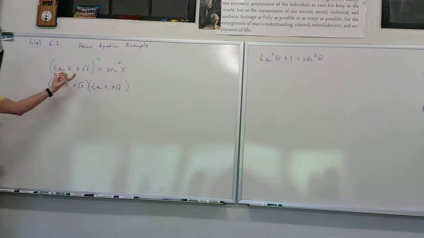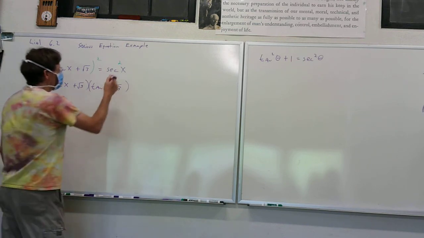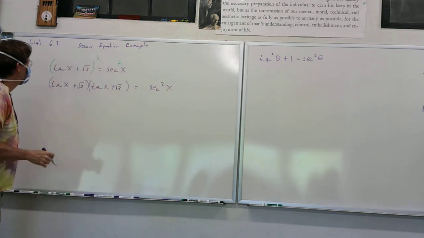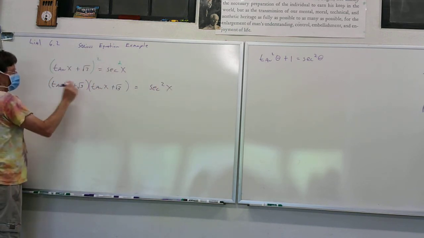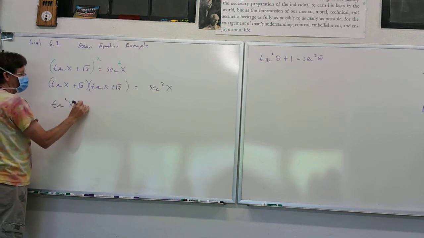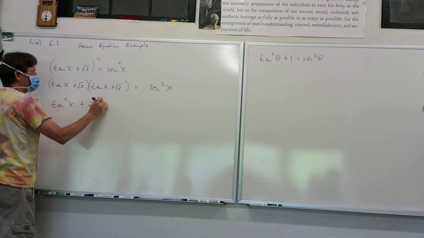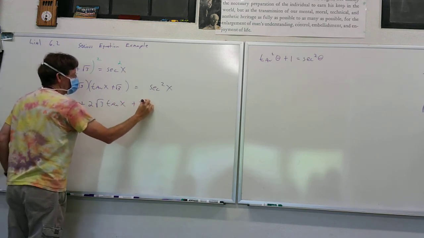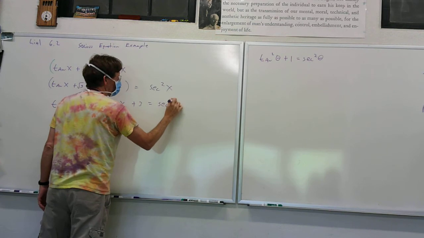It's a binomial, so you have to write it out twice and do what? Use that F word. Okay? But on the other side, you do just get secant squared x. When you multiply this out, you get tangent squared x plus 2 square roots of 3 tangent x plus 3 equals secant squared x.